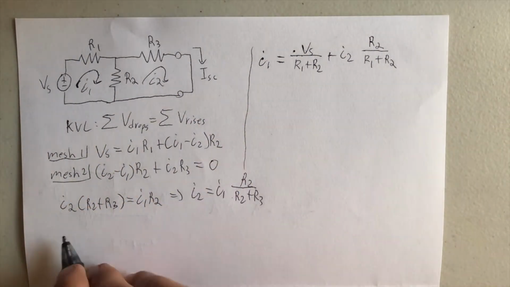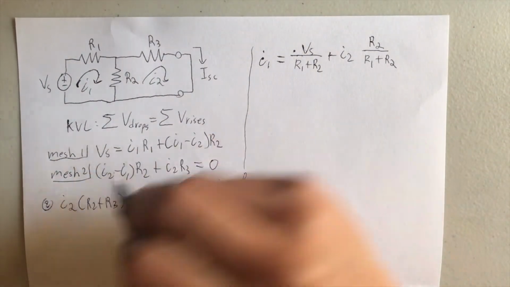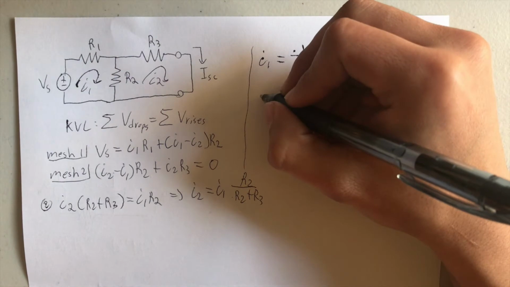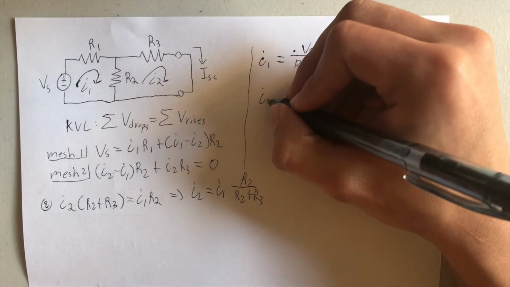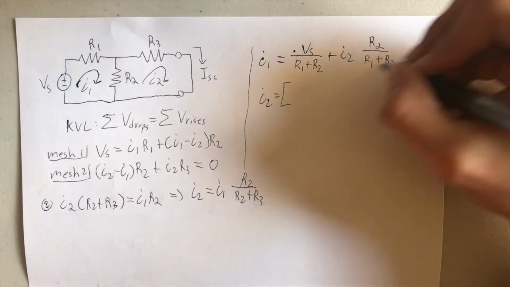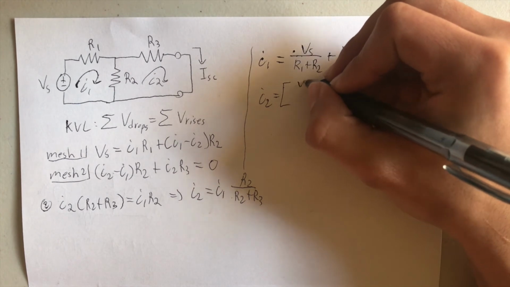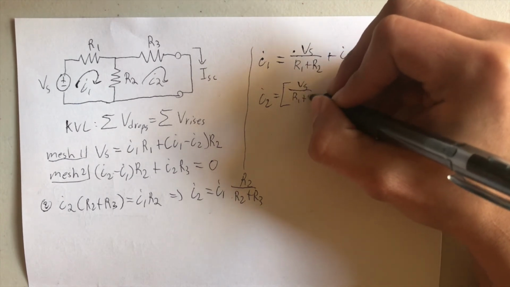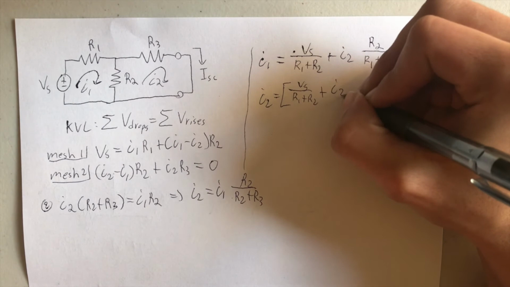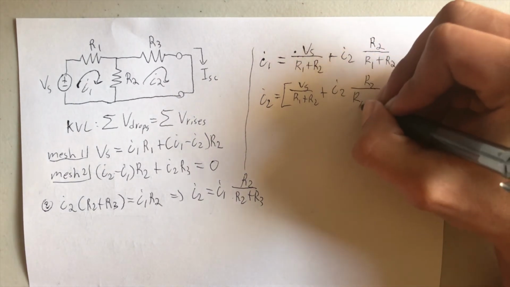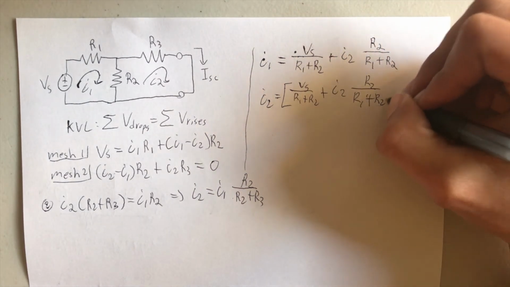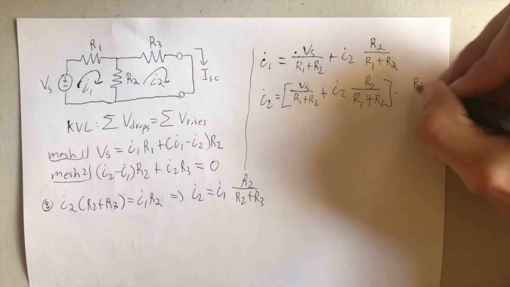We plug this result into our equation that we derived from the second loop. And we get that I2 is equal to the voltage source over R1 plus R2 plus I2 R2 over R1 plus R2, so this ratio of resistance.